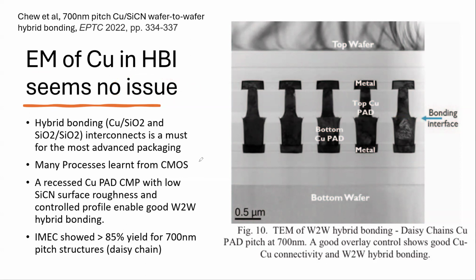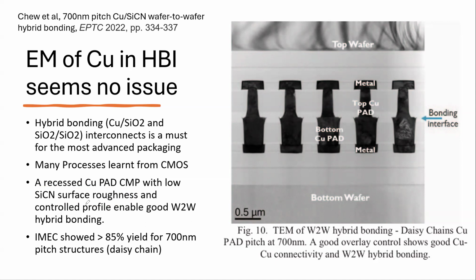They apply many learnings from the CMOS world, and you have a copper recess CMP with low surface roughness. You have to be very smooth. Then you have a nice wafer to wafer bond. So the mechanical requirement, surface roughness, is very critical, and that is actually the challenge.